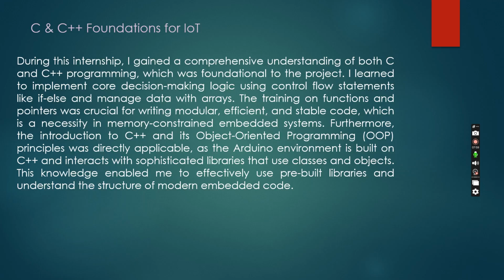Furthermore, the introduction to C++ and its object-oriented programming (OOPS) principles was directly applicable, as the Arduino environment is built on C++ and interacts with sophisticated libraries that use classes and objects. This knowledge enabled me to effectively use pre-built libraries and understand the structure of modern embedded code.